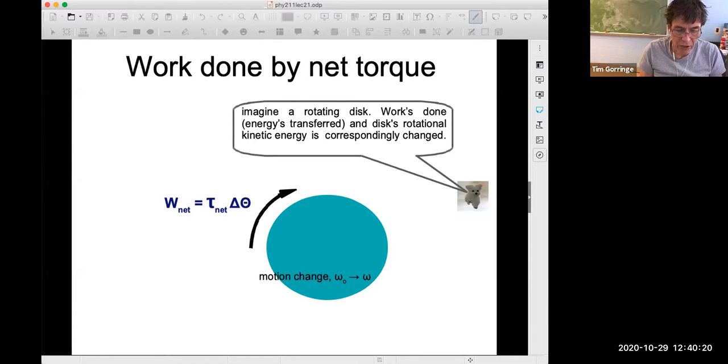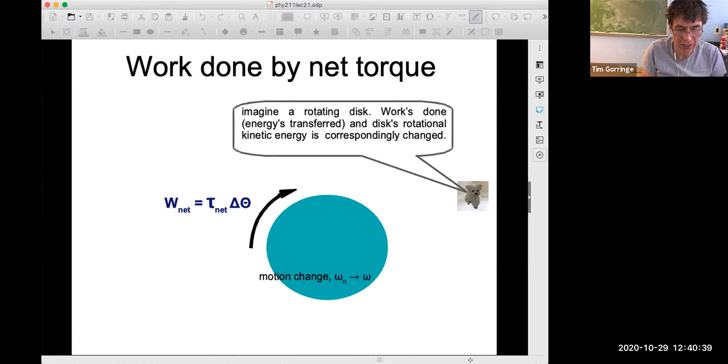When you exert a torque on the rotating rigid body to change its rotational motion, that torque transfers energy to the rigid body. It does work on the rigid body.